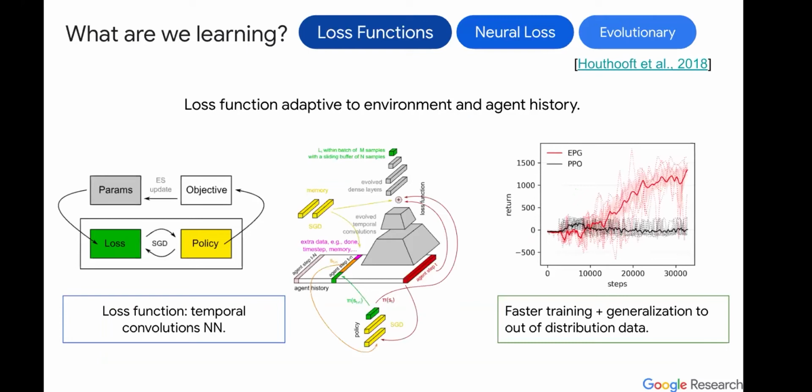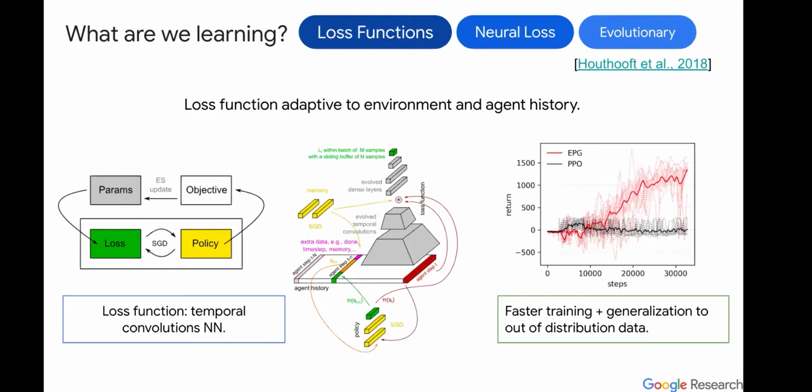Okay, so next, neural network losses with evolutionary methods. Again, this is not intended to be inclusive. One representative work is where the loss function is represented with an architecture that creates temporal convolutions, where we see the history of agents' actions and then do convolutions on top of that, and we learn the policy.